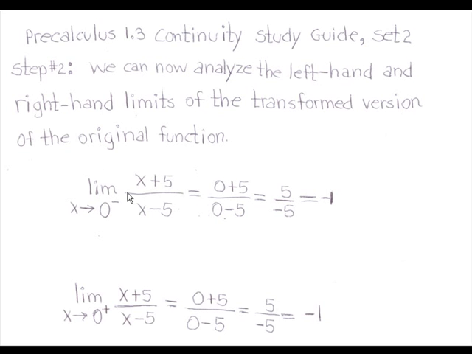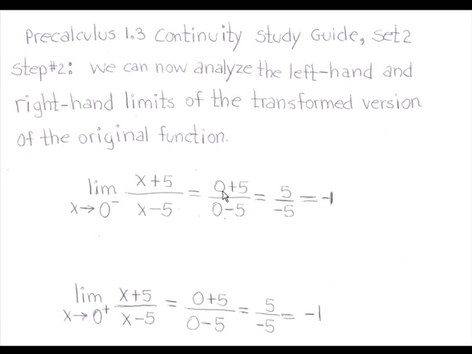Let's take a look. Right now we're going to look at the left-hand limit. This little negative sign means as the numbers approach 0 from the left. So we have the limit of x plus 5 divided by x minus 5 as those values approach 0 from the left. Well, in this case, because they're going to be so microscopically close to 0, when we're analyzing a function, we can just substitute 0 directly into the expression.